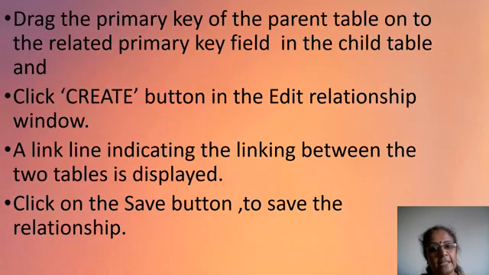Now once those two tables are there in front of you on the screen, you need to just drag the primary key of the parent table and put it onto the primary key of the child table and click on the create button in the edit relationship window, and this way there will be a line drawn which shows you the linking or the relationship between both the tables, and then you need to save it. So this is the way in which we can set relationship before we start using multiple tables for creating queries.